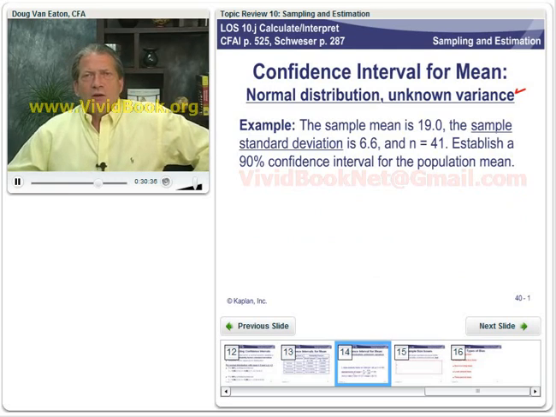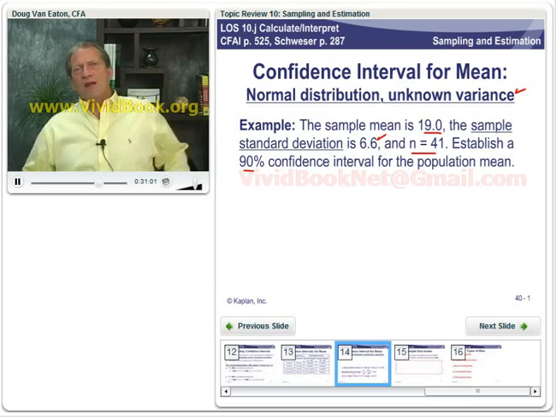And if the sample size is large, it's probably best to use the t statistic. So it's back to our earlier example. We've got a sample mean of 19, a sample standard deviation of 6.6, and our sample size is 41. Establish a 90% confidence interval for the population mean.